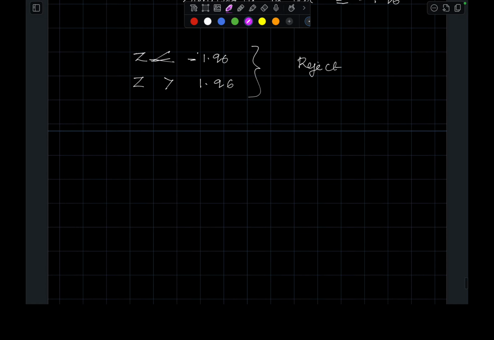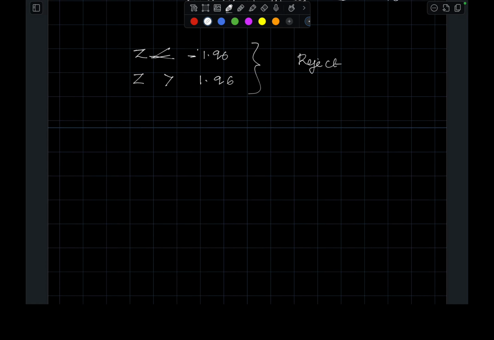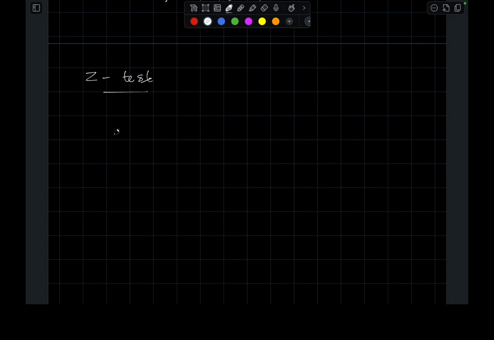And the z value for this particular test will be calculated as, we saw the formula earlier. The z value is sample mean minus population mean divided by population standard deviation divided by root of sample size.